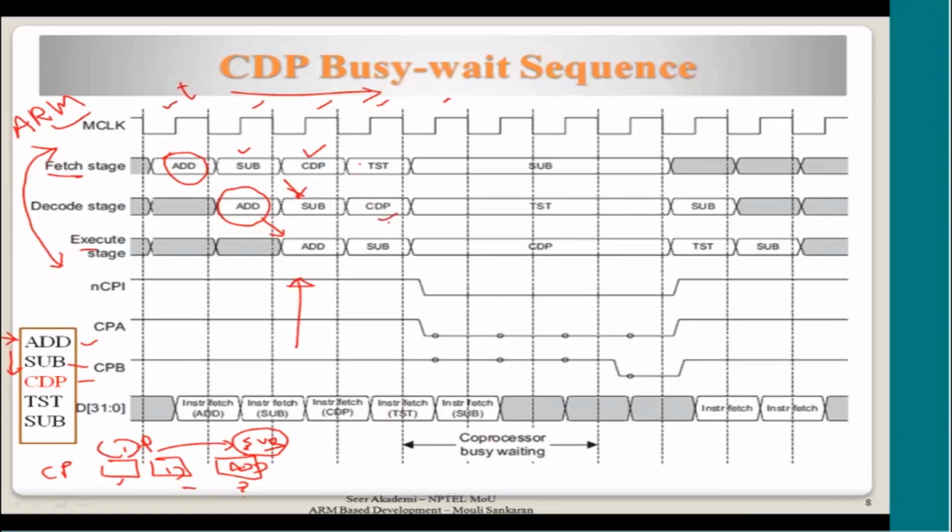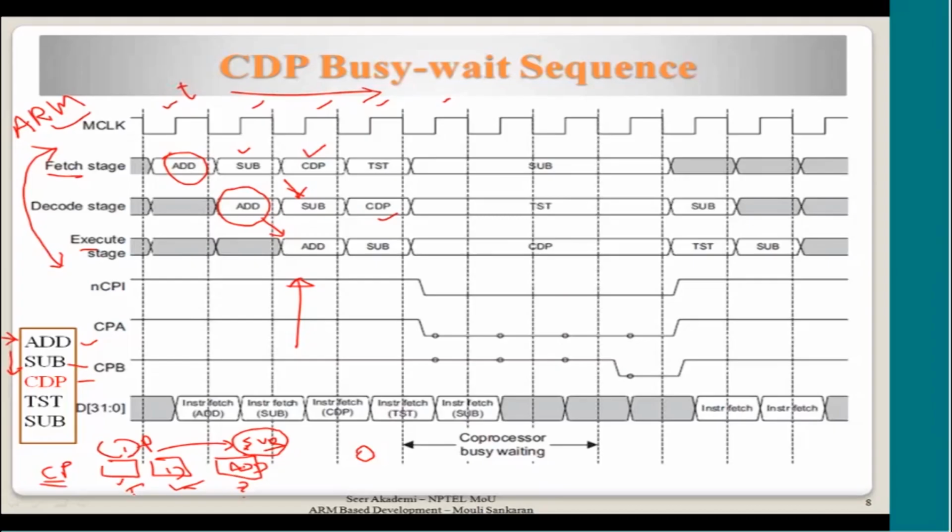Okay, here. Now CDP, when it gets decoded at this time, now the coprocessor knows that there may be multiple coprocessors. All of them will look at the instruction, and then one of them will choose that it is its own based on the ID. Assume that this CP is 1 and this instruction is also meant for coprocessor 1. Okay, now this CP1 will pick it.